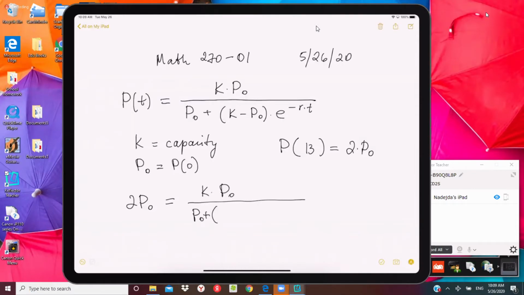I'm sorry, this is plus, and then K minus P sub 0, e to the negative rt. So you should be able to solve this for the birth rate r, the reproduction rate. Once you have that, you should be able to find the population after a certain number of hours. Okay?